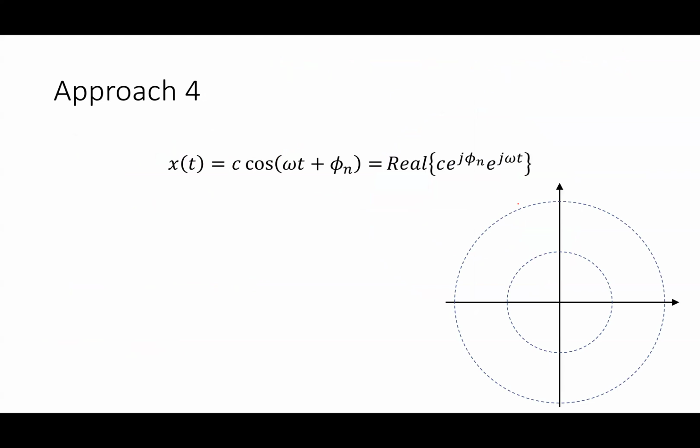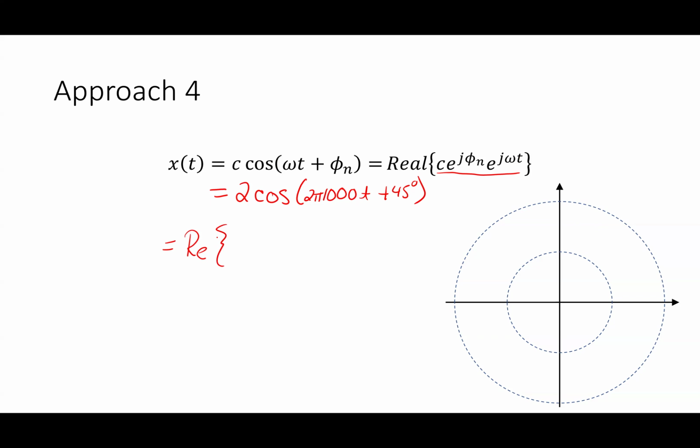The fourth approach is to say that it's the real part of this dynamic phasor idea. In this particular case, this was 2 cosine 2 pi 1000 t plus 45 degrees. So what would I sketch in this case? I want to say this is the real part of what?